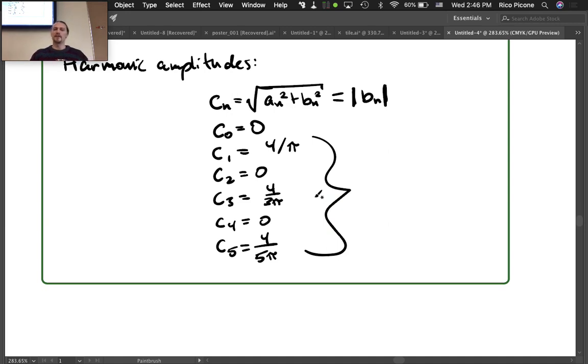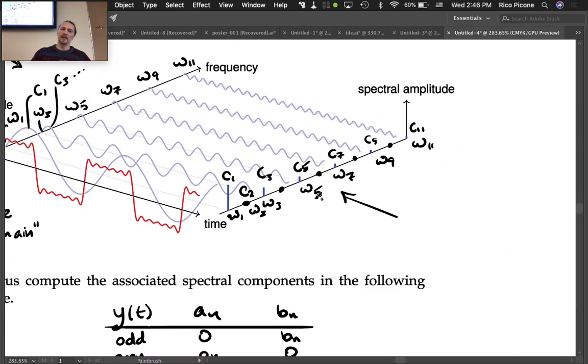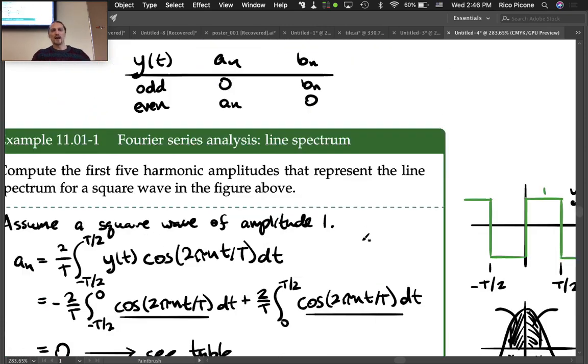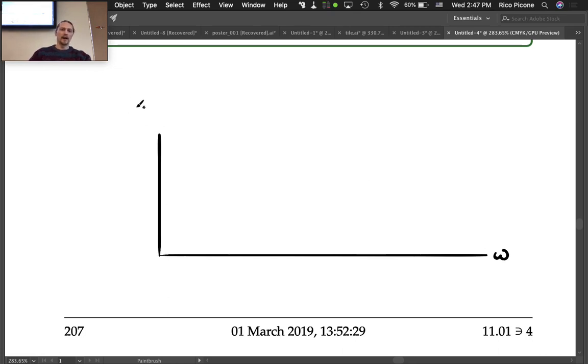Those are the values. That's what we just computed, what the heights of these are. So we could plot it in 2D. Let's do that, since we have a minute. We've got omega, the frequency domain, and spectral amplitude.